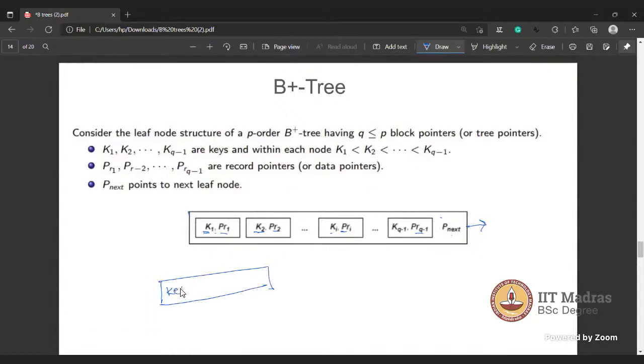Key, record pointer, then key, record pointer, then this represents next leaf node.